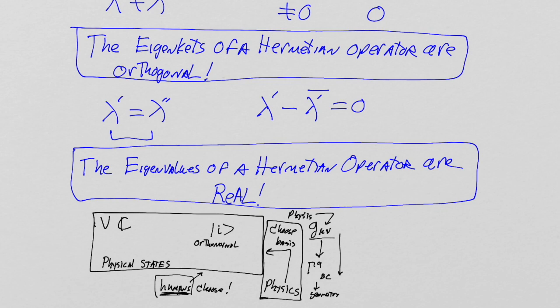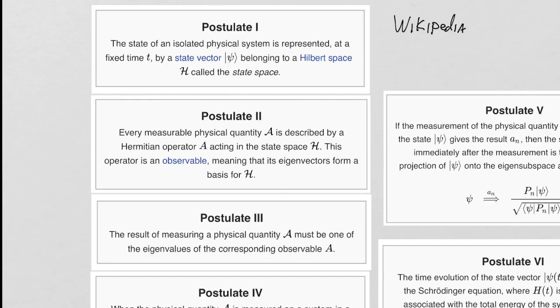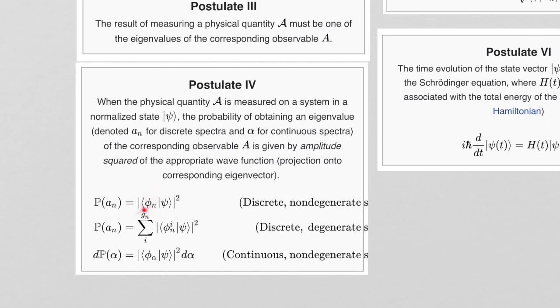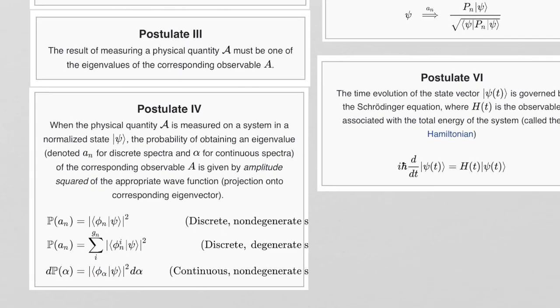All right, let's see if I missed anything. No, let's move on. I found these postulates on Wikipedia. They're the best ones for our purpose because they're all in the Dirac formalism. You don't see any wave functions in this, although you see these expressions down here, which we will see look very similar to wave functions.